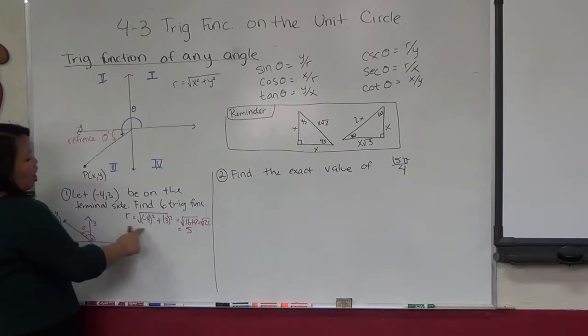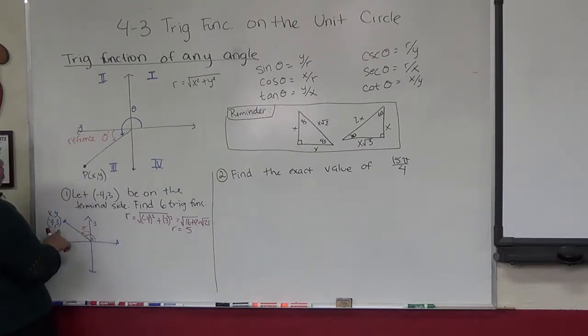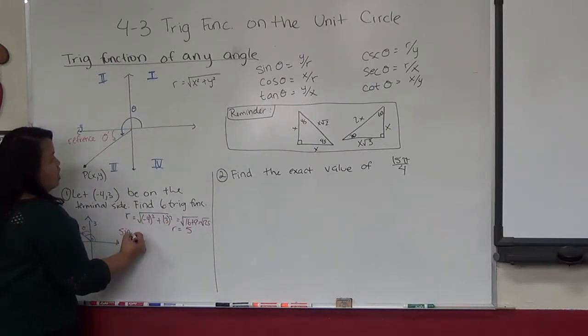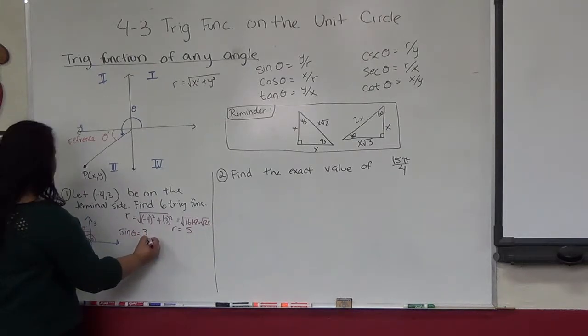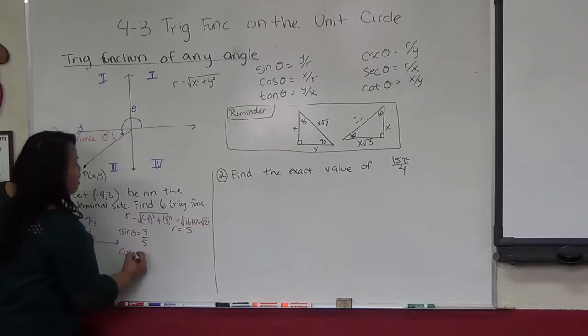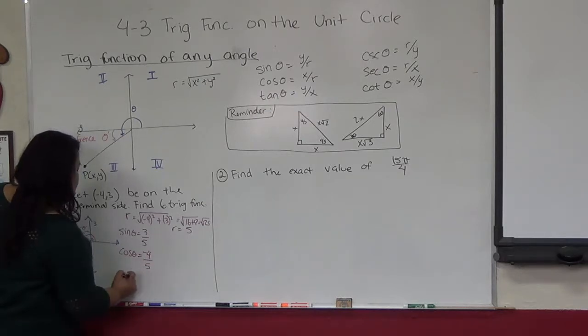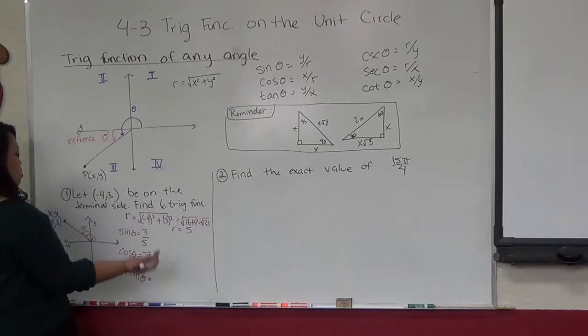So once I find r equals 5, x equals -4, and y equals 3, then the 6 trig functions are easy. Sine theta equals 3 over 5, you can fill this in while we're doing it. Cos theta equals -4 over r. Tan theta equals, what is it?